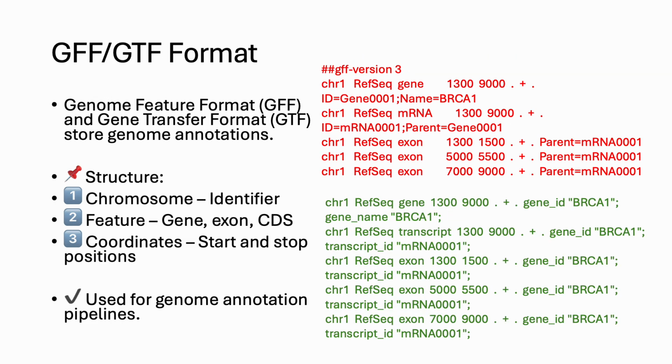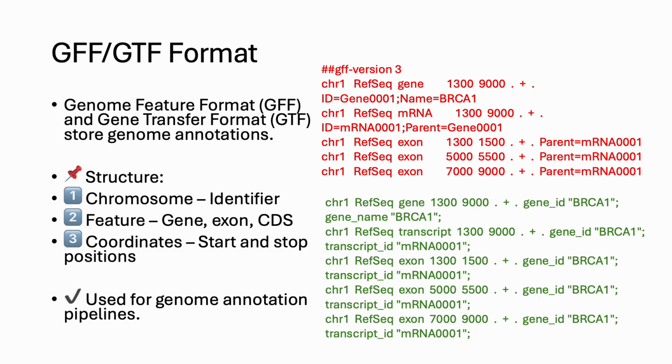Now let's see some feature information formats like GFF and GTF. GTF and GFF are similar, with a fixed structure mainly used for RNA sequence analysis. The usual structure involves chromosome, source, feature, start position, end position, score, strand, frame, and attributes.